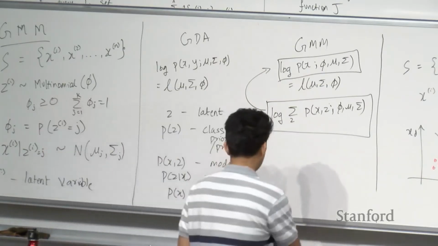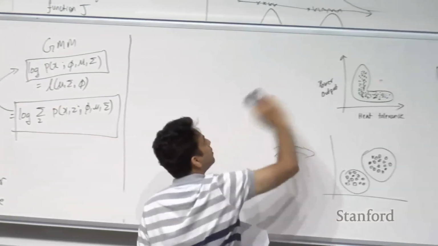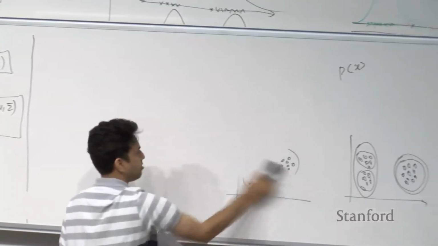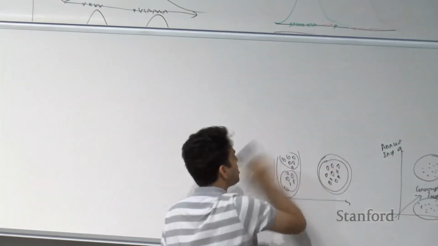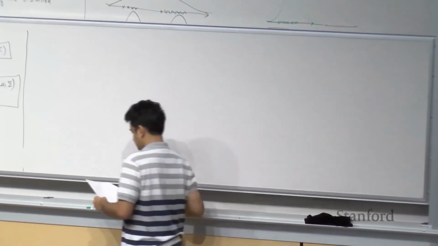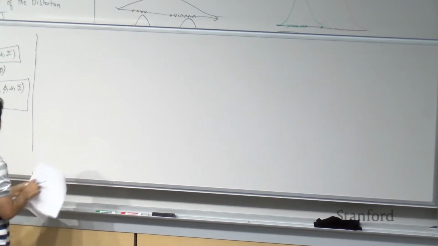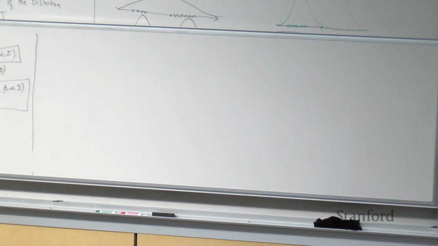So to directly maximize this evidence, directly maximizing this likelihood, if we were to attempt it the way we did it with GDA, of taking derivatives, setting it equal to 0 and solving for the parameters, you will observe that you won't get a closed form expression for this.